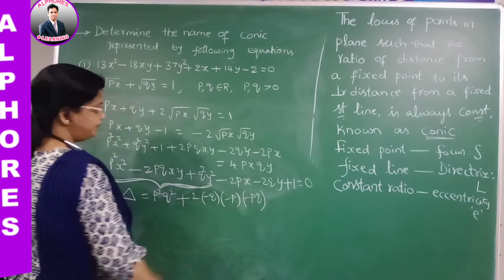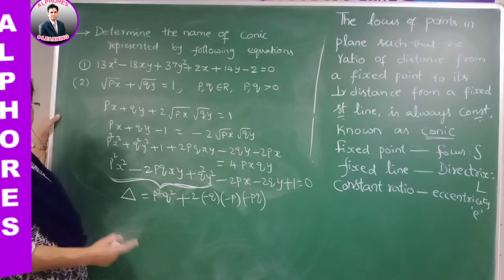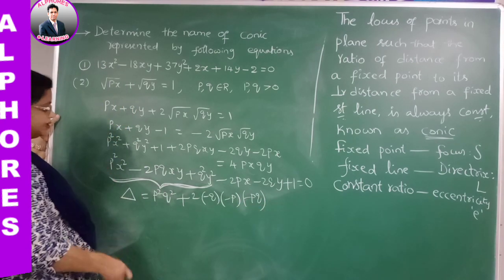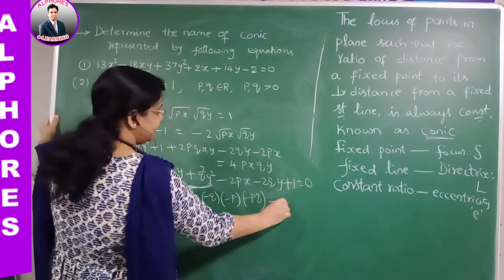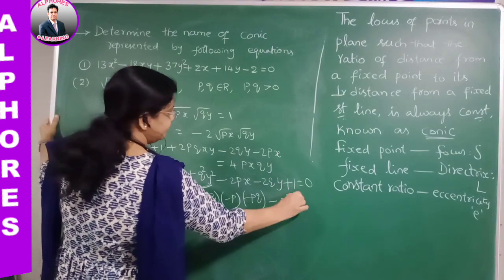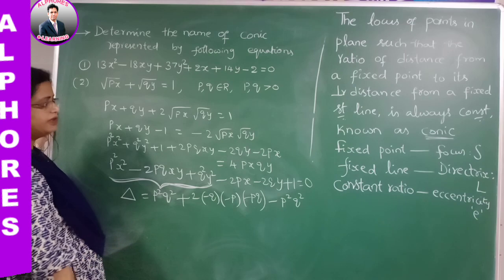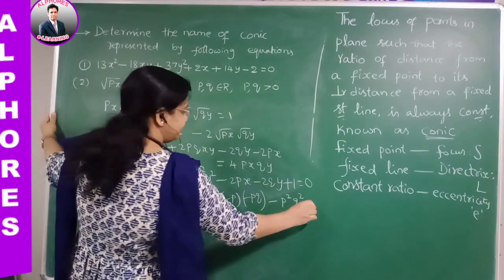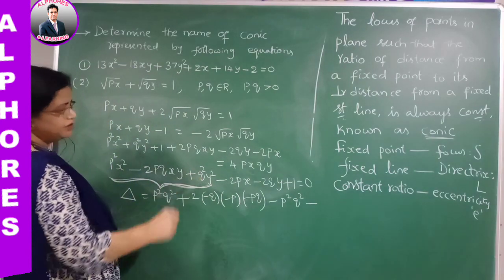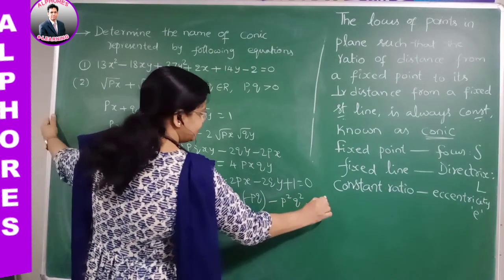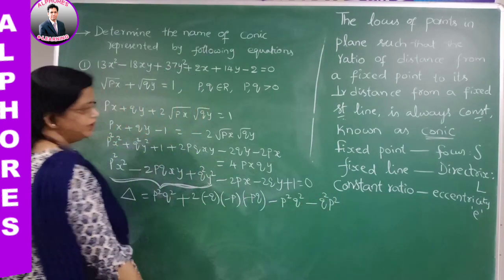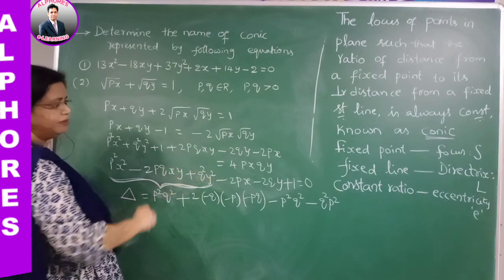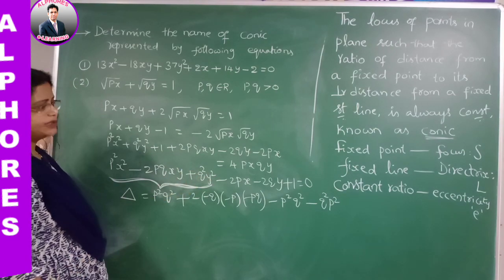So this is the value you got. And next minus af square. So p square, minus af square, f square means q square, minus whole square. And next minus bg square. So b value is q square, and g square means again p square. Minus bg square. And after that you have minus ch square.